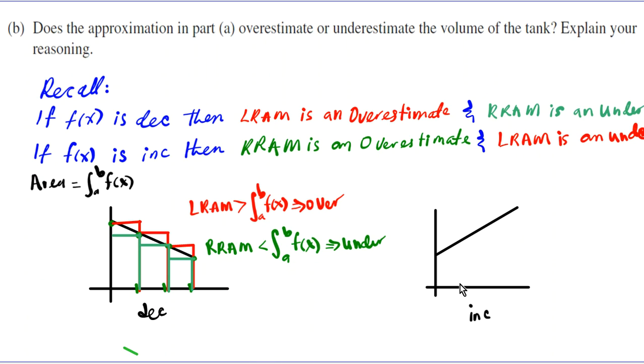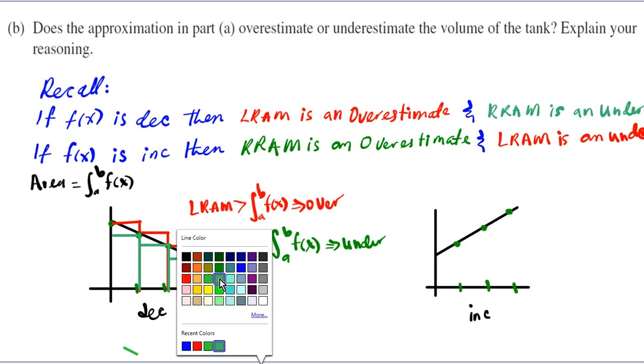Let's say we have 3 subintervals, 1, 2, 3, and you want to draw your right Riemann sum rectangles. You start from the right endpoint, trace to the graph, first point, second point, third point. You're basically specifying the right vertex of the top of your rectangles.